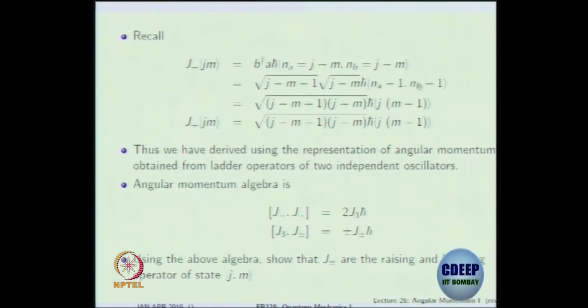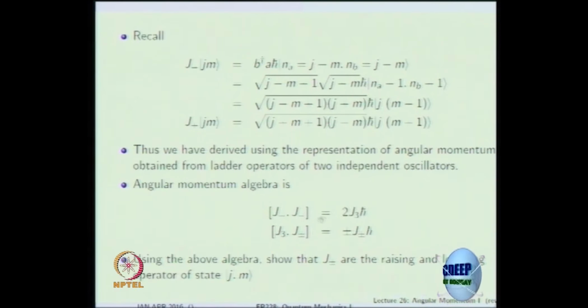Okay, so just to summarize, we have derived using representation of angular momentum obtained using two independent oscillators, and the main aim was to keep in mind the angular momentum algebra generated out of them. That is, they have to satisfy this.